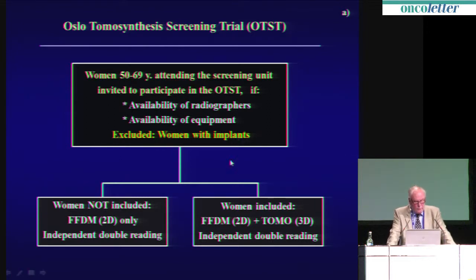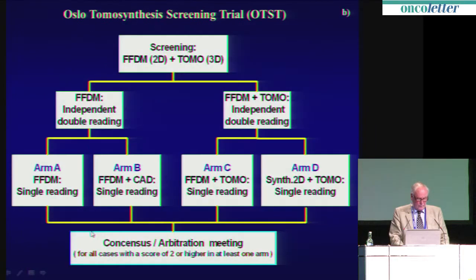So women who were included, they got conventional 2D plus tomosynthesis, and the women that were not offered the tomo, they underwent the conventional 2D as they were scheduled to have it.